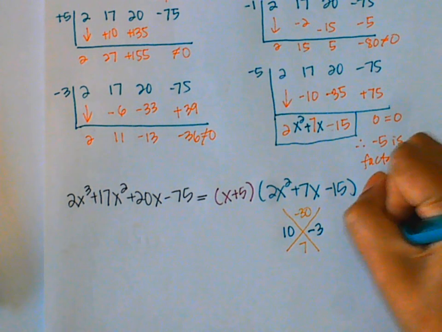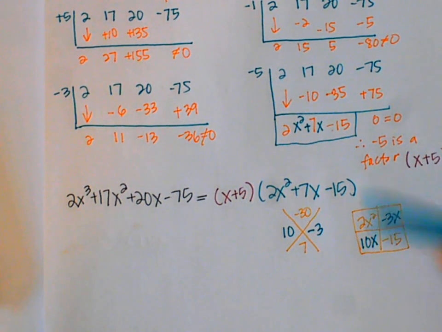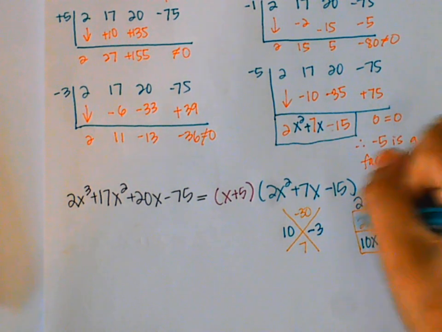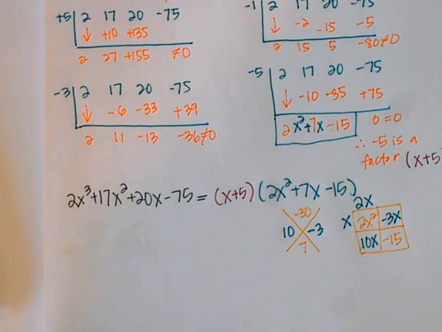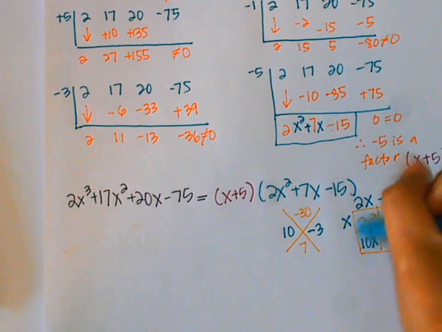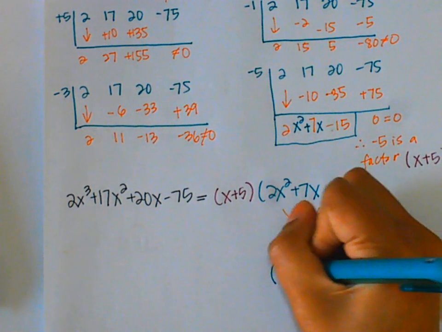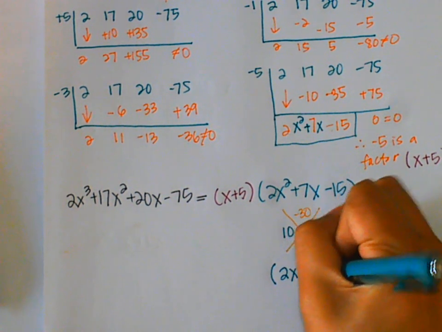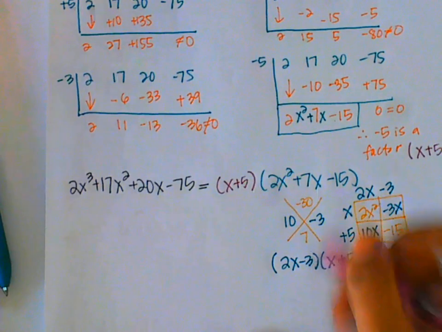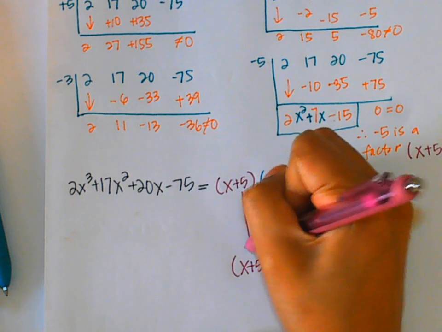Then I bring those over here, and I'm going to pull out the GCF. So 2x squared and 10x have a 2x in common, which leaves me with the x there. So x minus 3 to get that, and then x plus 5. So this becomes 2x minus 3, then an x plus 5, and I am going to bring down this x plus 5 there.